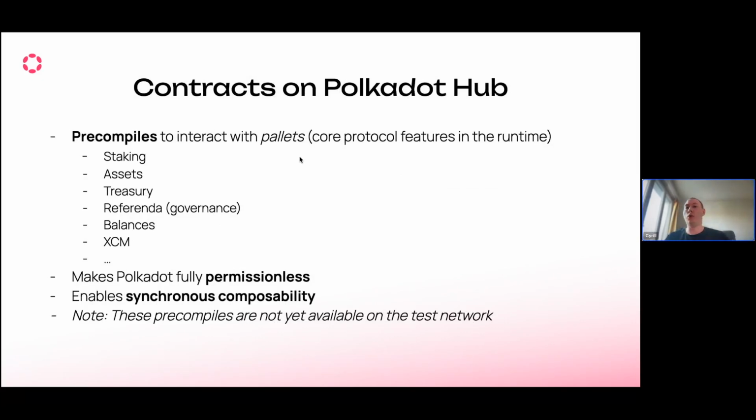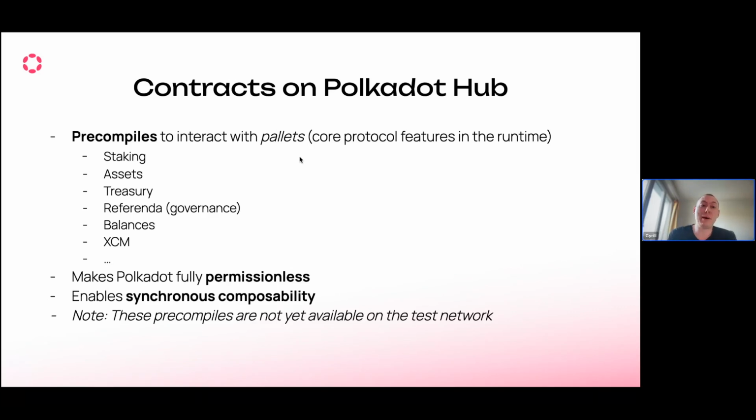Just having contracts is not very exciting by itself, right? We want these contracts to actually interact with core protocol features. It doesn't say on the slide, but what we call modules, pallets: there are many pallets that will be on Asset Hub.